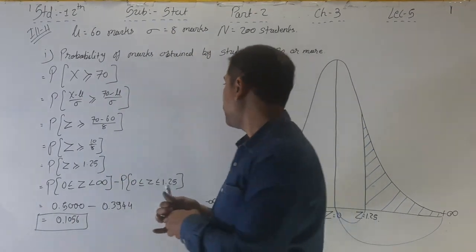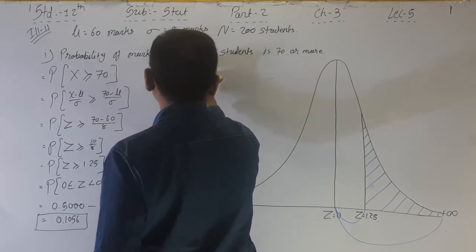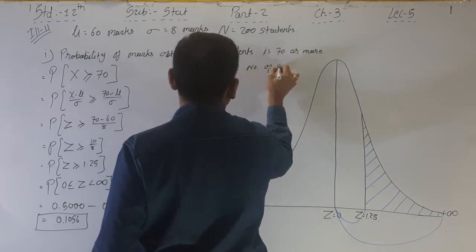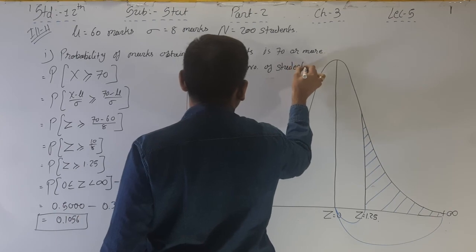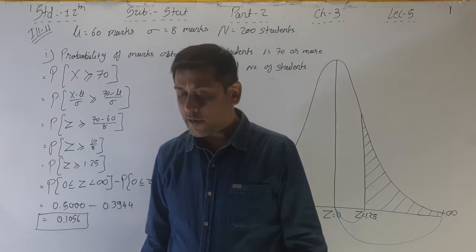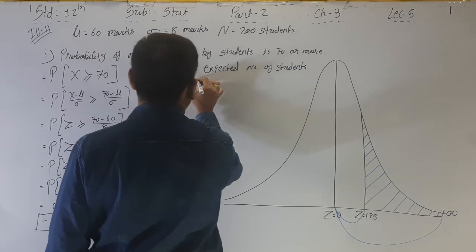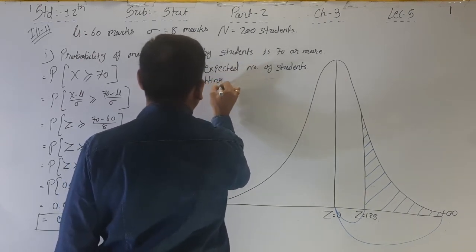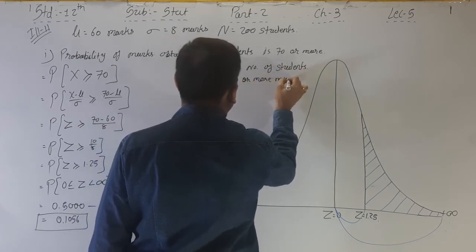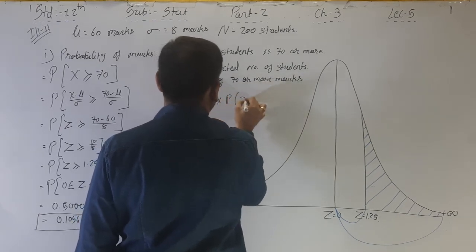So here after that we have to write down, therefore, the expected number of students getting more than 70 marks is equal to n into P of x.